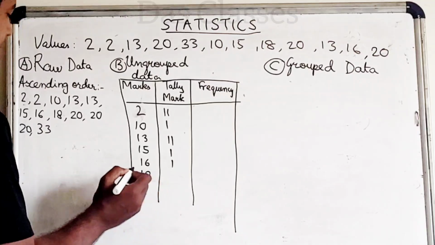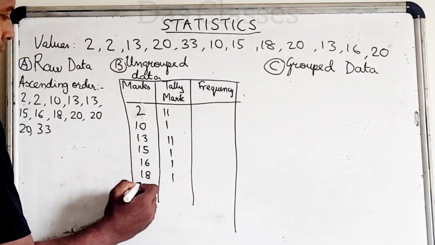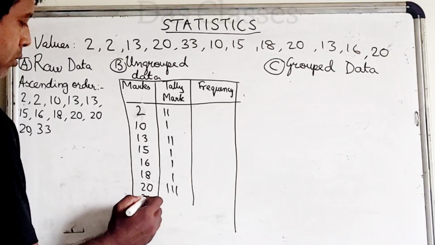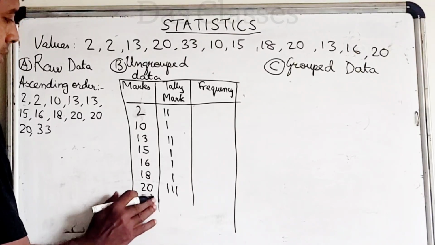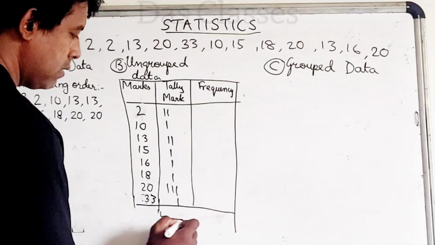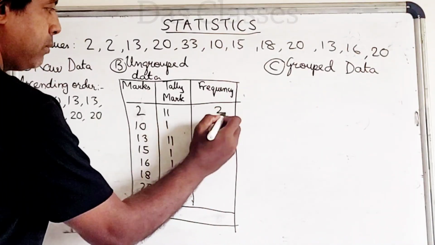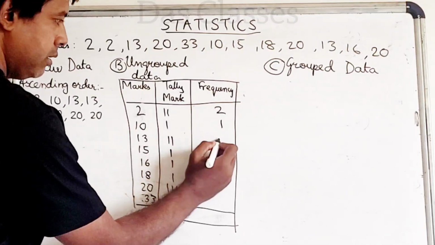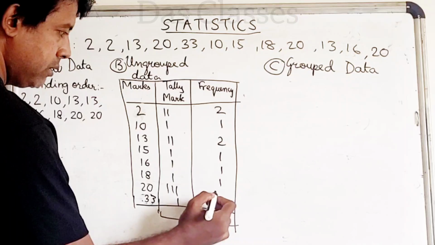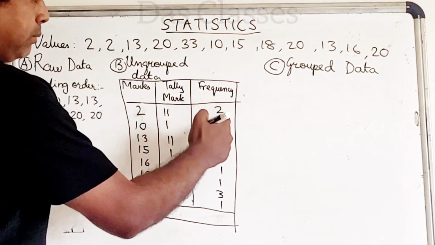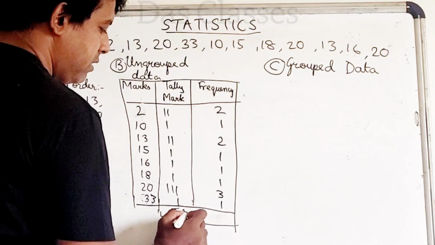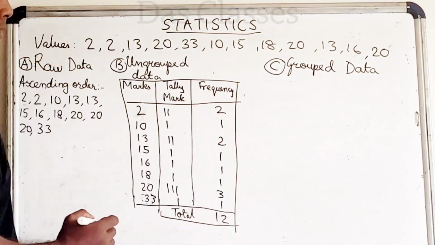Then 18, also 1 time. 20 is 3 times. And 33 is 1. So this is 2, 1, 2, 1, 1, 1, 3, 1. The total comes to 12. So the total frequency is 12.